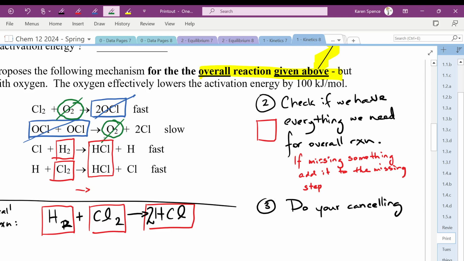I have lots of, I don't circle these yet. I've got lots of Cls over here, and I have a Cl over here. I can cancel it with either one. It doesn't matter, it'll all work out the same regardless. I feel like it's a little bit easier to cancel out the one that cancels with the one, but you could cancel out the other one and just leave one of them there.